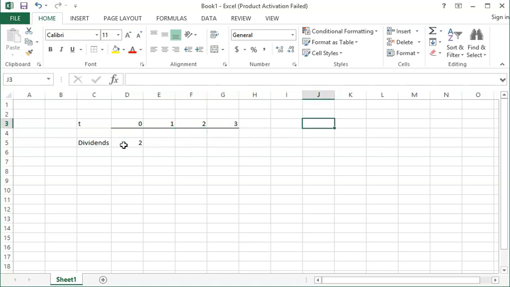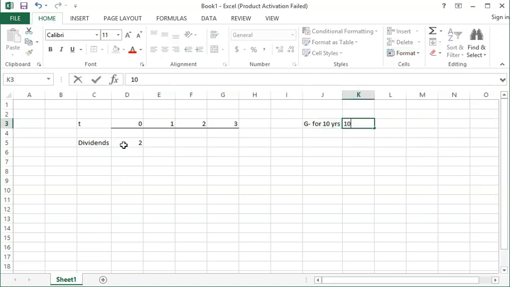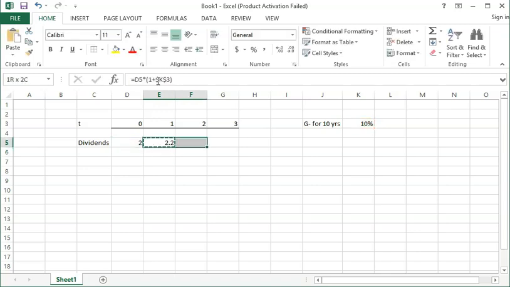So the growth rate for these 3 years is 10%. I increase it at 10%, and I lock the cell because for all of these 3 years it will remain 10%.